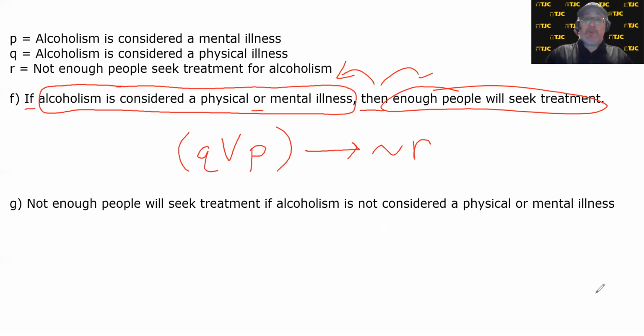Guess what? So does the last one. Not enough people will seek treatment if alcoholism is not considered a physical or mental illness. Where's the connective? Well, there's two of them. One of them is the or, but do you see the other?